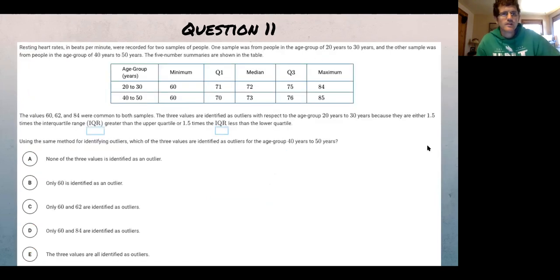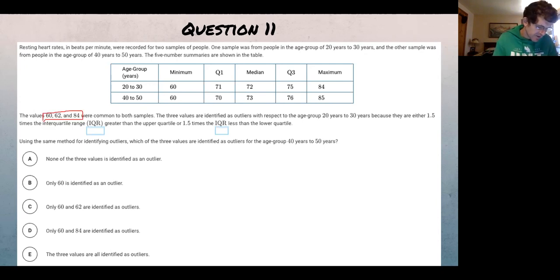Okay, resting heart rates. We got some people who are 20 to 30, others that are 40 to 50. We've got the 5 number summaries shown. This kind of question is very interesting. So we are working with outliers. The values 60, 62, and 84 were in both age groups.